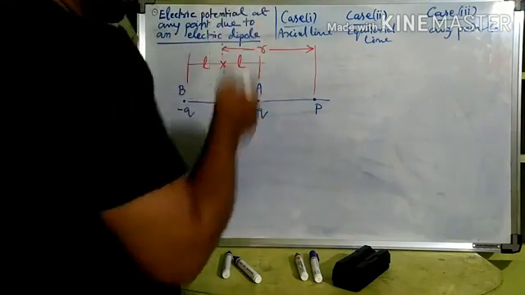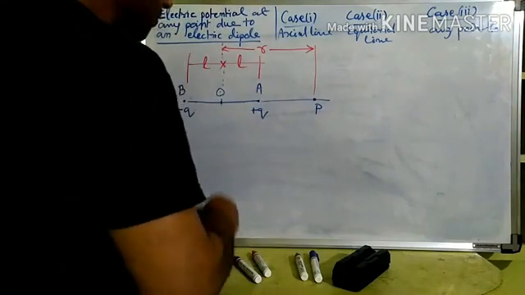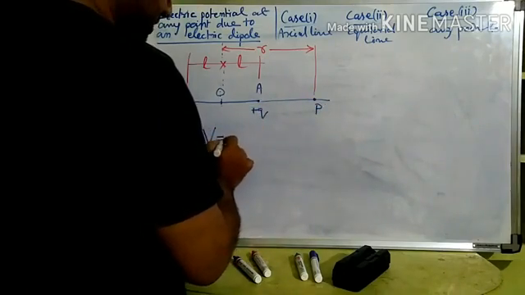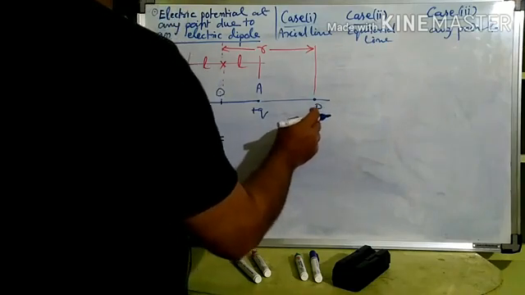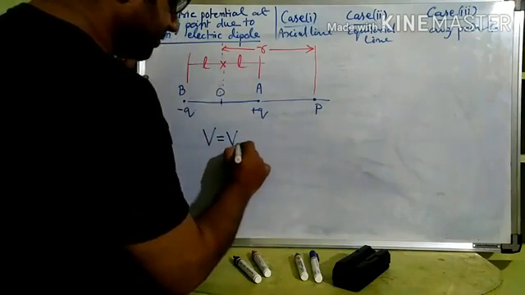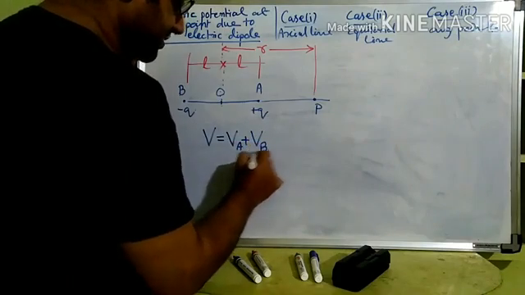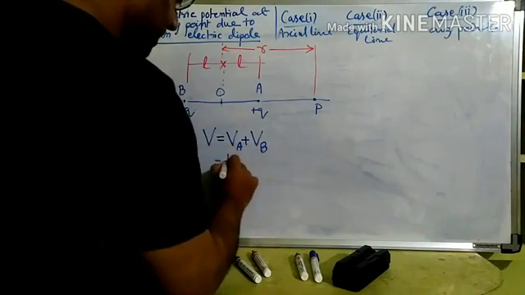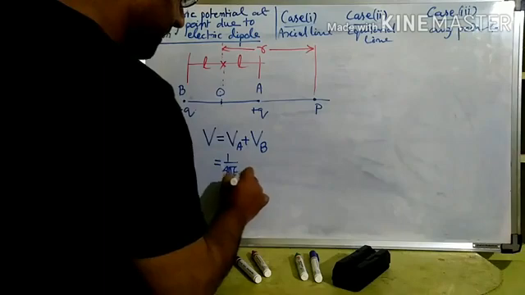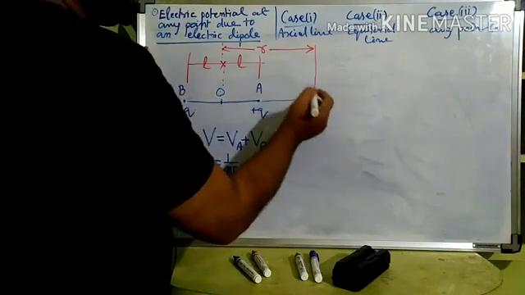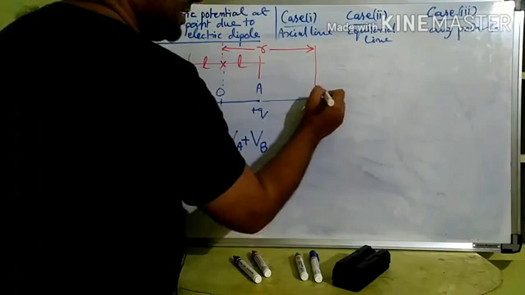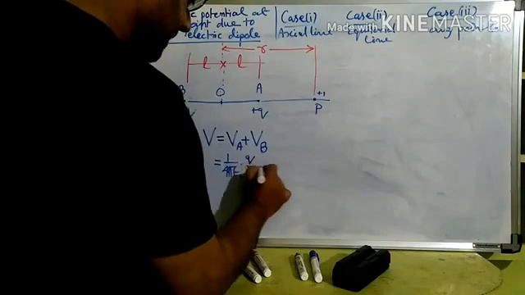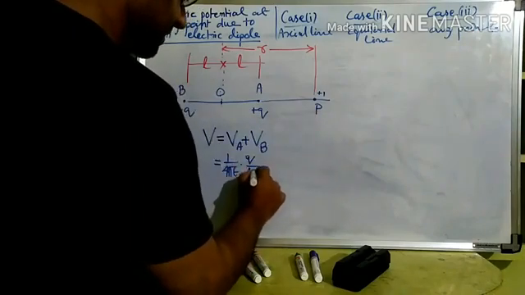Now, what is the potential at point P due to A? The net electric potential at point P is the potential due to A plus the potential due to B. Simple, right? So what is the potential due to A? We know it already, 1 by 4 pi epsilon naught q1 q2. Imagine that one unit positive charge is placed at point P. So q1 q2 is q only, divided by AP.